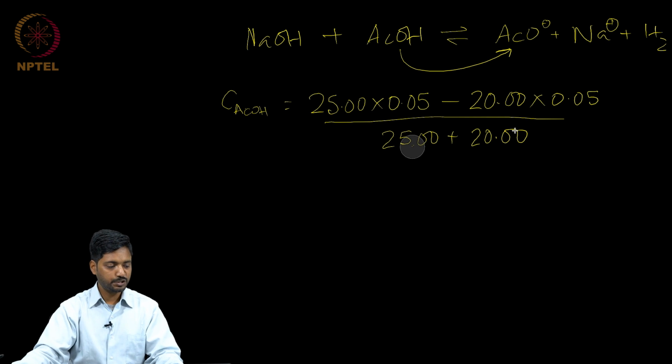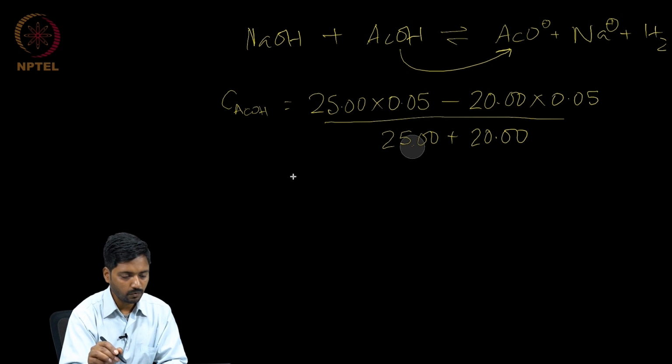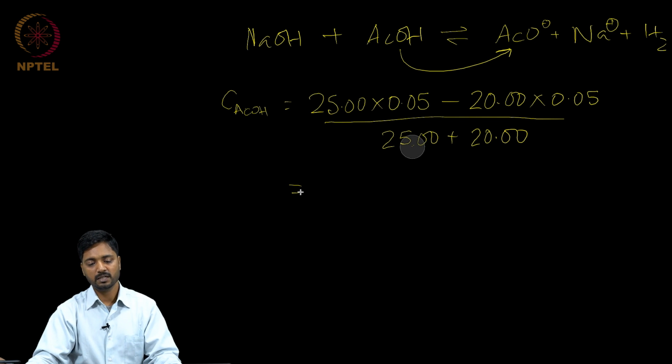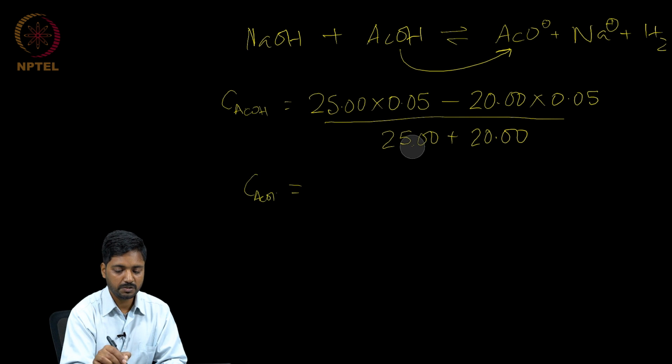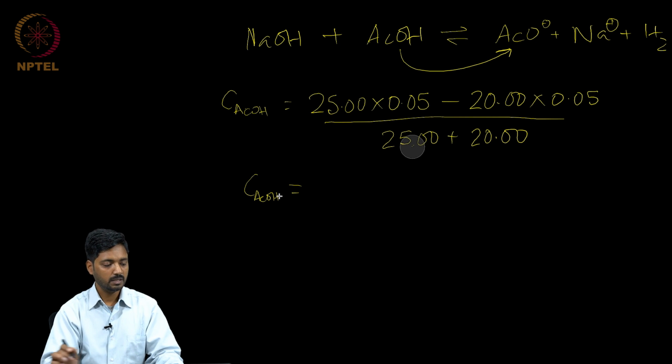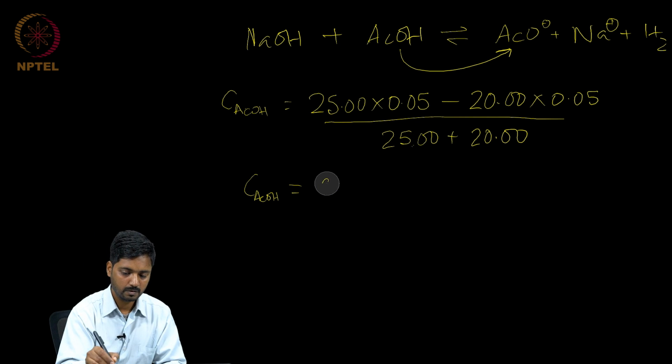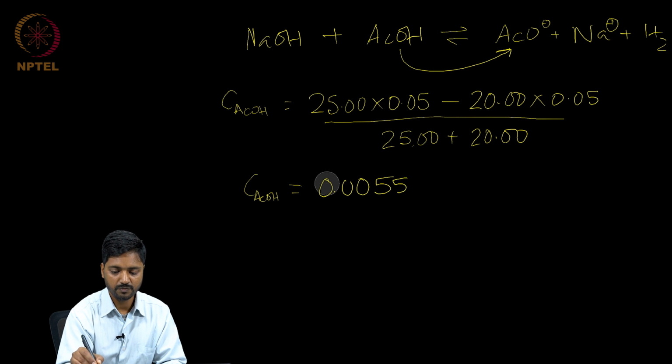At this stage, the concentration of undissociated acetic acid in the medium would be 0.0055 molar.